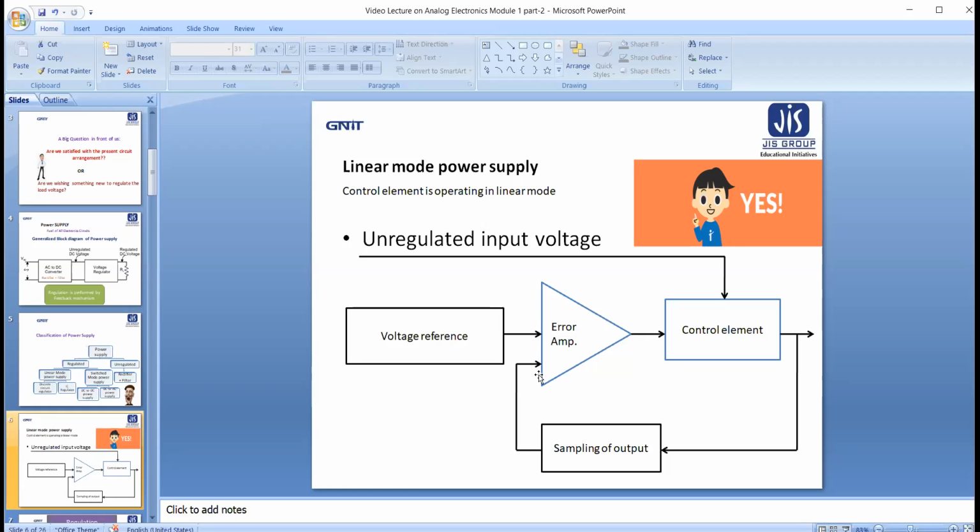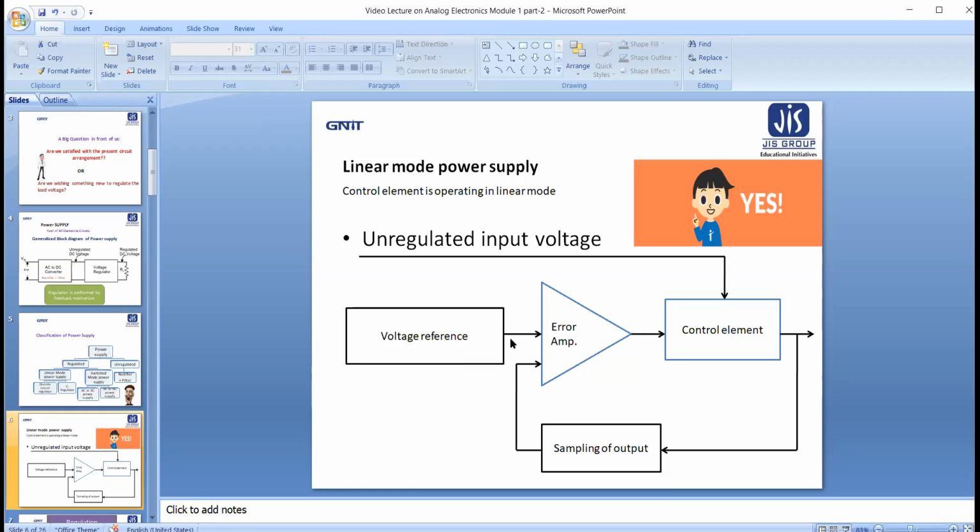The error amplifier's other input is to be set with a voltage reference circuit. Now we know that the voltage reference we will get from a Zener diode, because a Zener diode will behave as a voltage regulator due to its breakdown voltage.